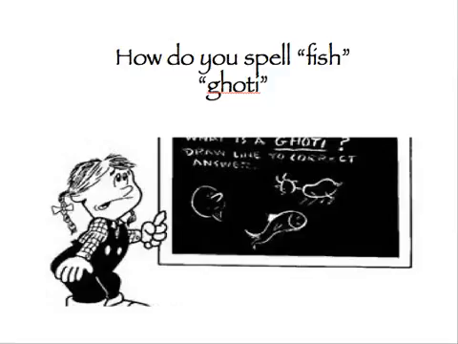This led to what is usually attributed to George Bernard Shaw, but may not have really been his creation, but rather the creation of spelling reformers: that we could spell fish G-H-O-T-I.